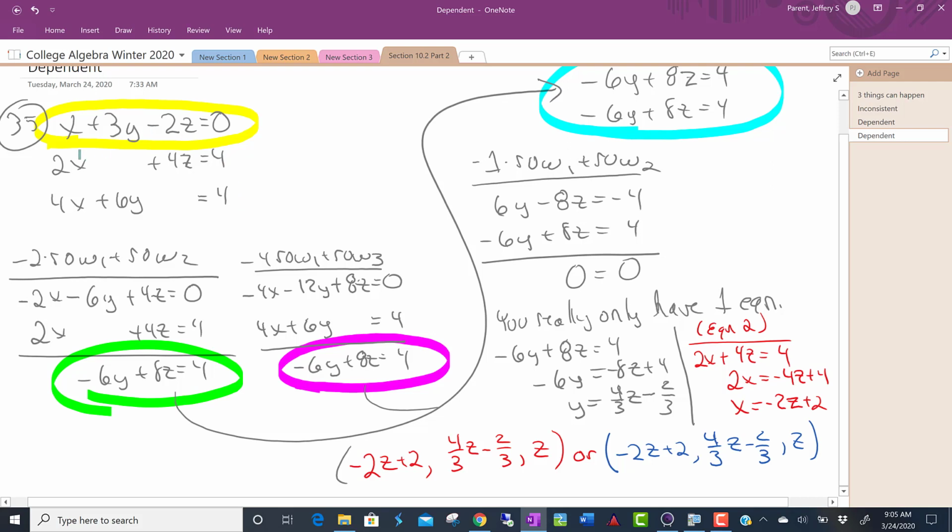I'll end up with something that depends on x and z for those two equations. That is, if I eliminate the 6y term. You can do that pretty easily by multiplying this by what? What do I multiply row 1 by to eliminate the 6y here? If you said negative 2, great.